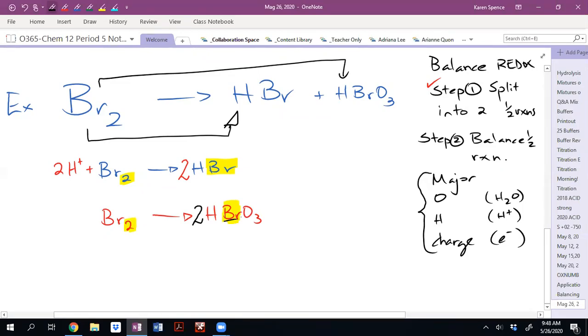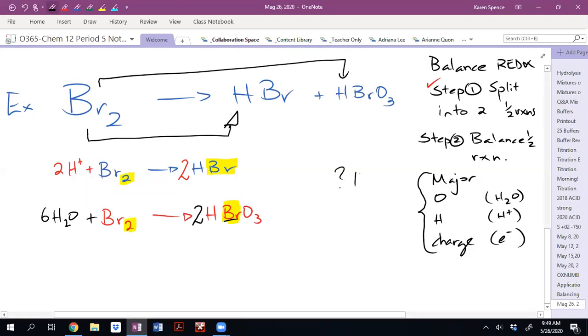How many oxygen do we have at this point? How many oxygen do we have? Yes, we have 6. So over on this right-hand side, I add 6 waters. Okay. Now, how many hydrogen ions will I need to add?